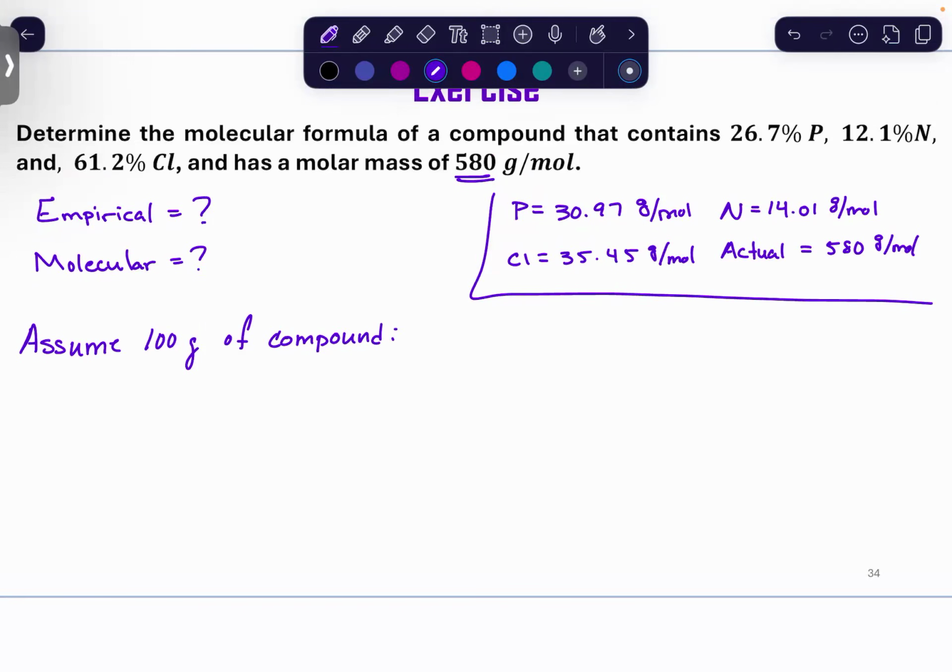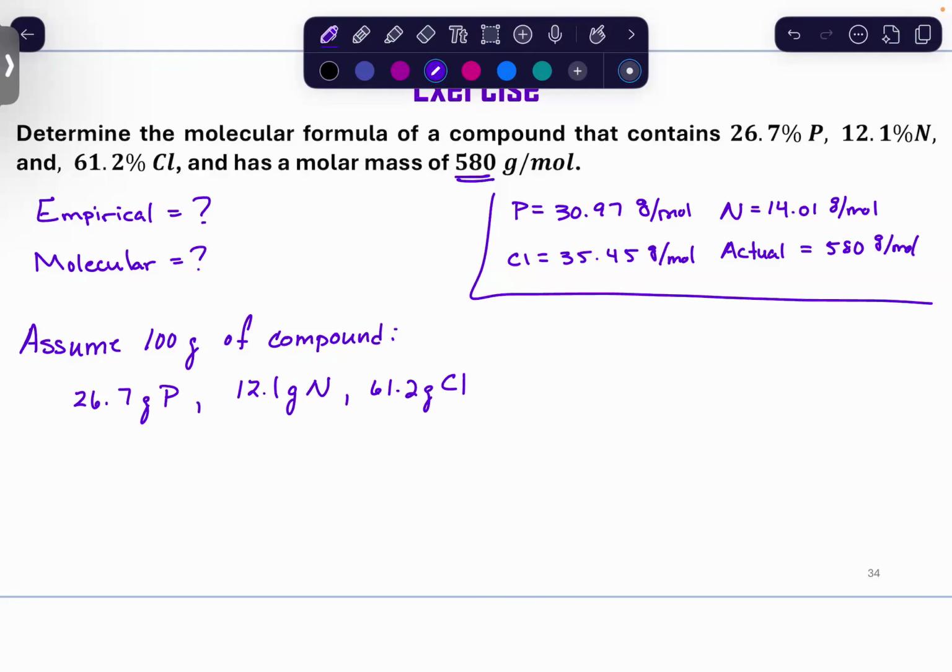If the percentages add up to 100, that means if I just assume 100 grams, these percentages become masses. 26.7 grams of phosphorus, 12.1 grams of nitrogen, and 61.2 grams of chlorine. And as they add up to 100% when they're percentages, they add up to 100 grams when they're grams. So that's why we make this assumption.